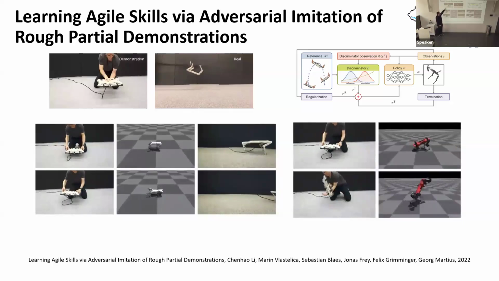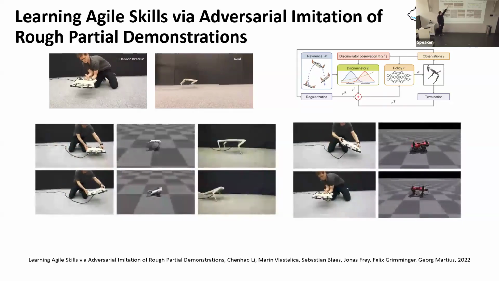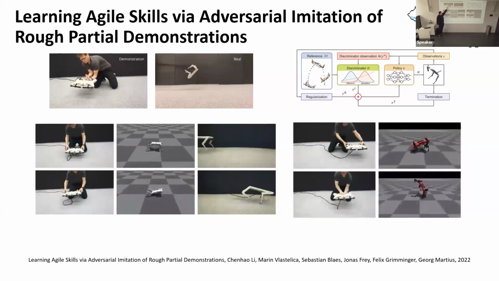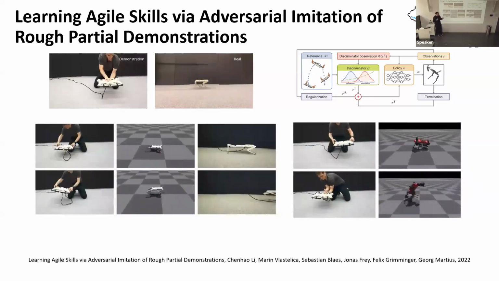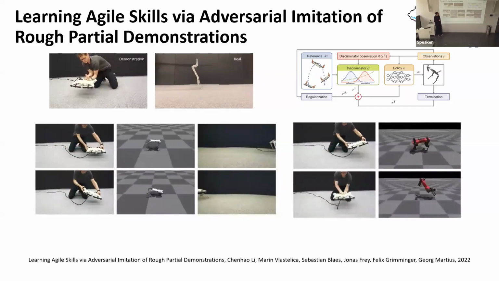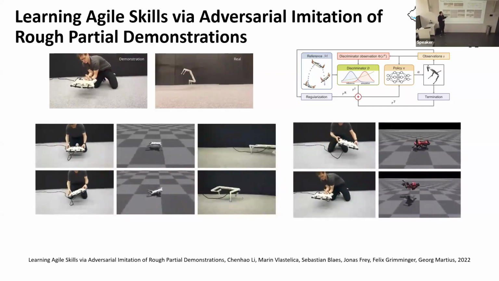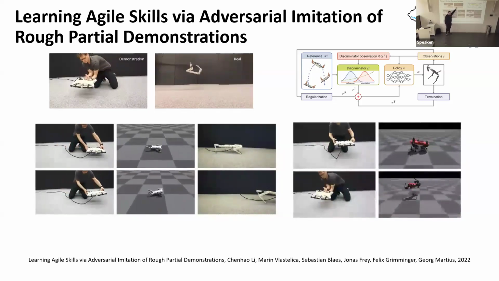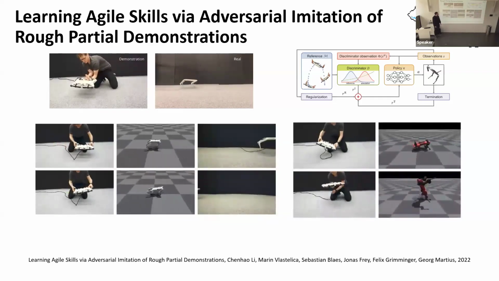For example, here you can see that the demonstrations were just by turning the body of the robot, without the robot knowing what exactly its joint positions or velocities are. And they were able, from this demonstration, to create a real backflip.